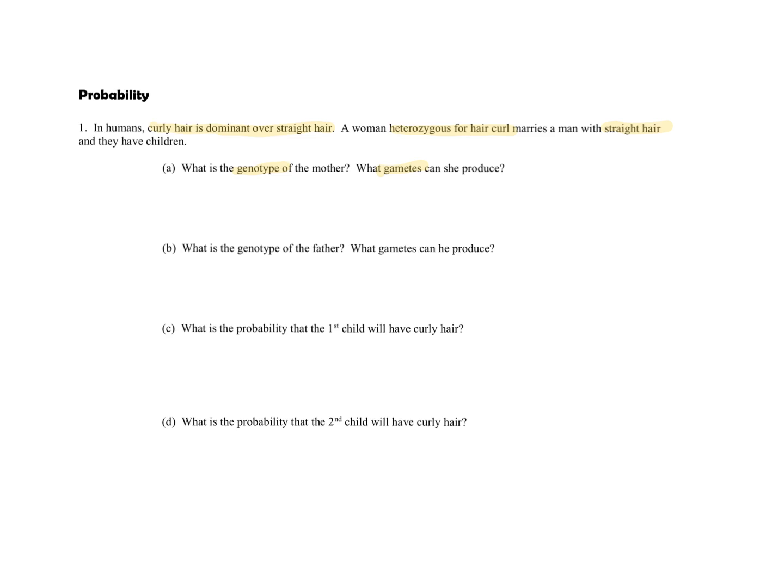You could use a C for curly, but because the C is a little harder to differentiate between the capital and the lowercase, I'm going to use H for hair. Looking back up, it says the woman is heterozygous for hair curl. Remember, hetero means different. So that means she has a big H and a little h because she is heterozygous.